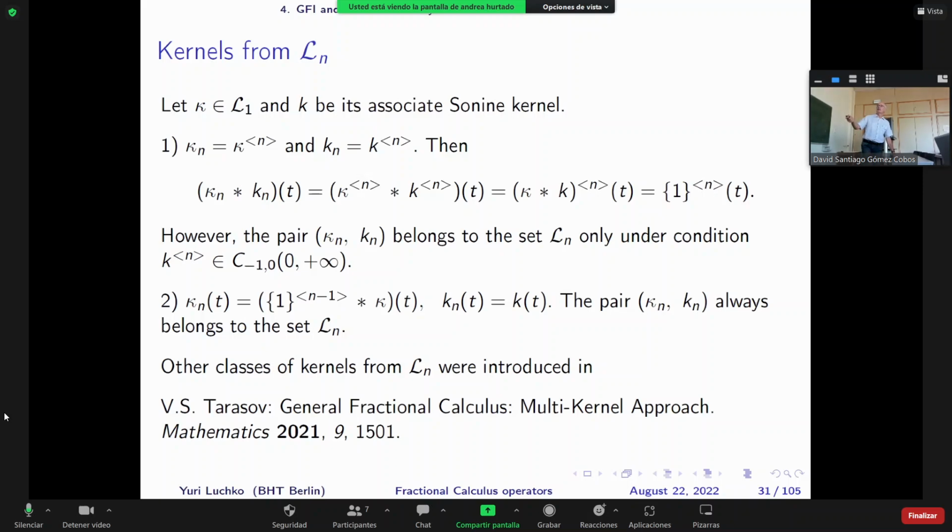So this pair of the kernels always belongs to the set L_n. And there are some other possibilities to construct these kernels, and in particular in this paper by Tarasov, Generalized Fractional Calculus, Multi-Kernel Approach, he suggested some other constructions for the kernels from L_n that are built by using different kernels.